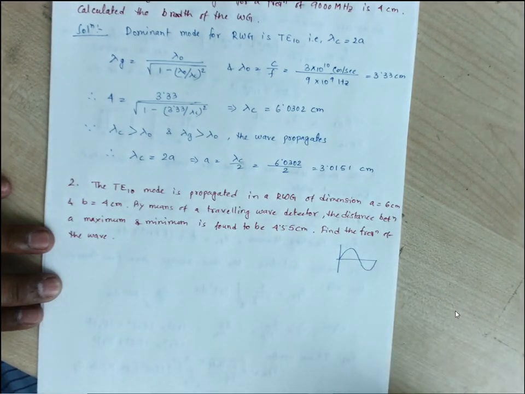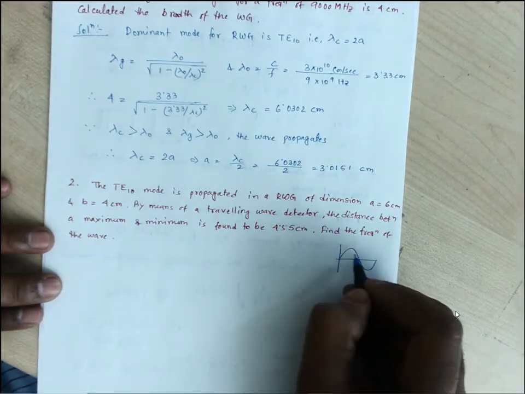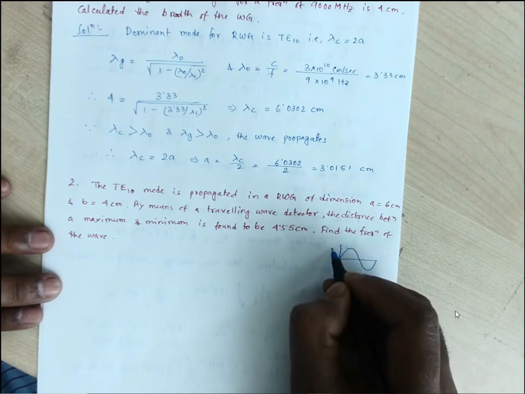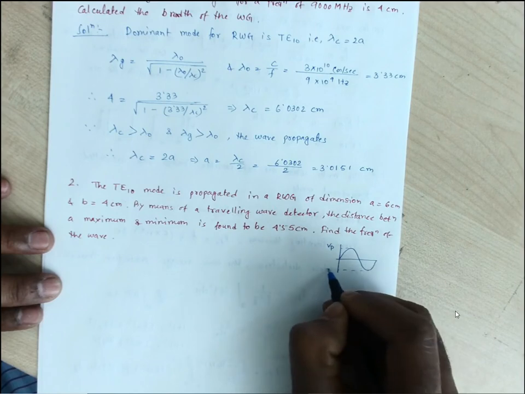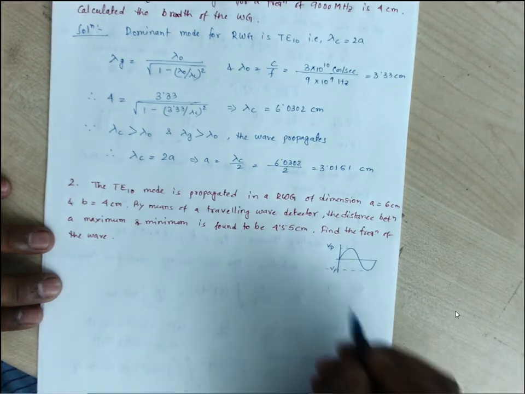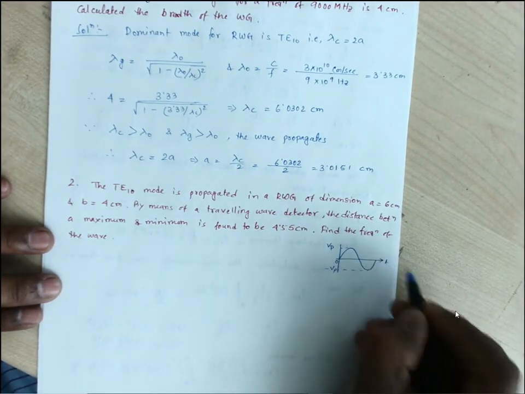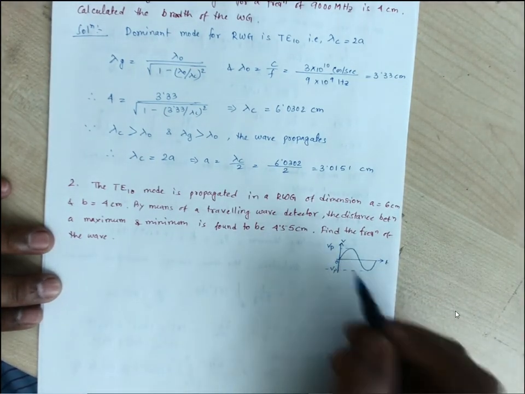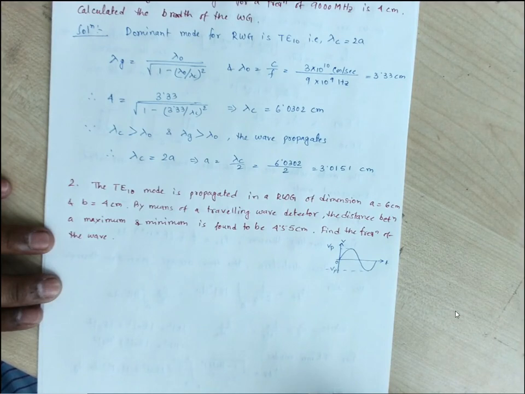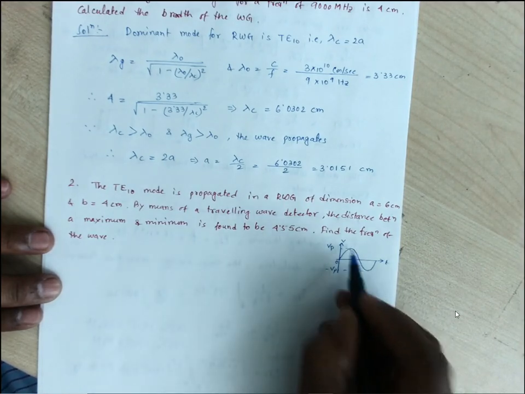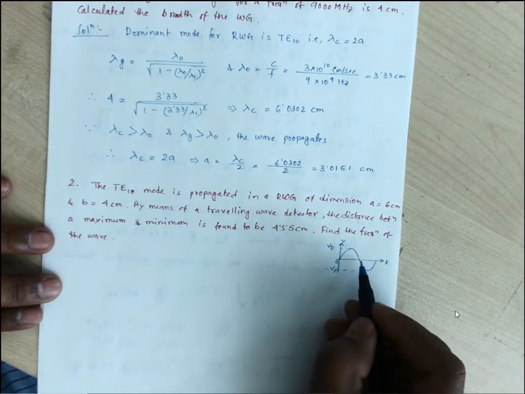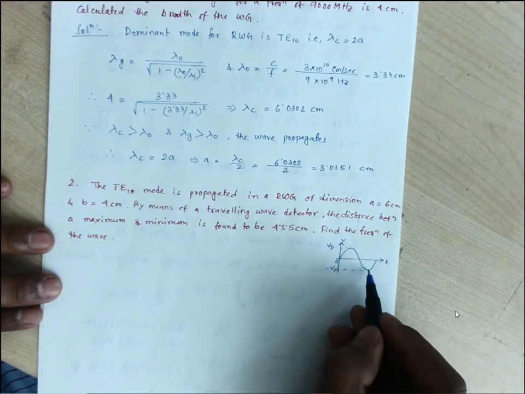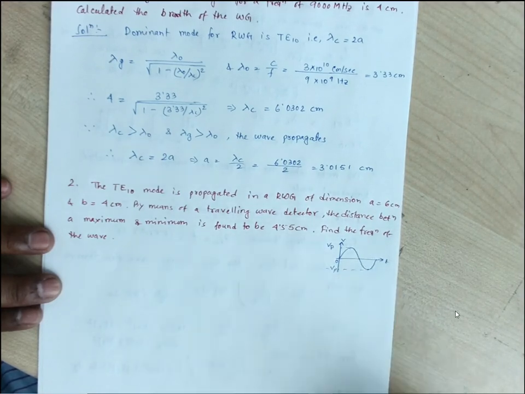Let us consider this is V peak, this is minus V peak, this is 0 level, this is T, this side it is voltage. So this point is one minima, this point is one maxima, this point is one minima, this point is one maxima, and this point again is a minimum.